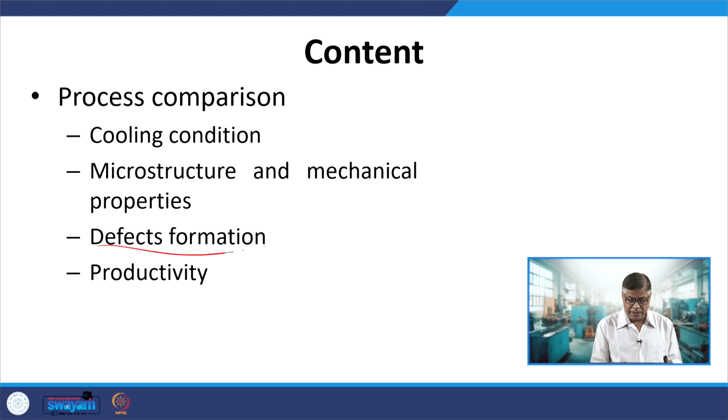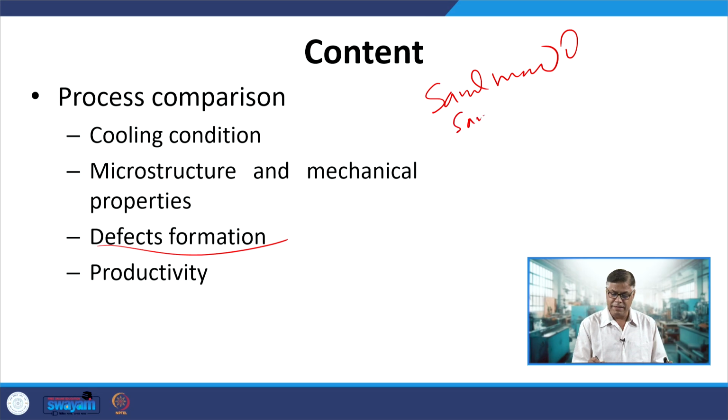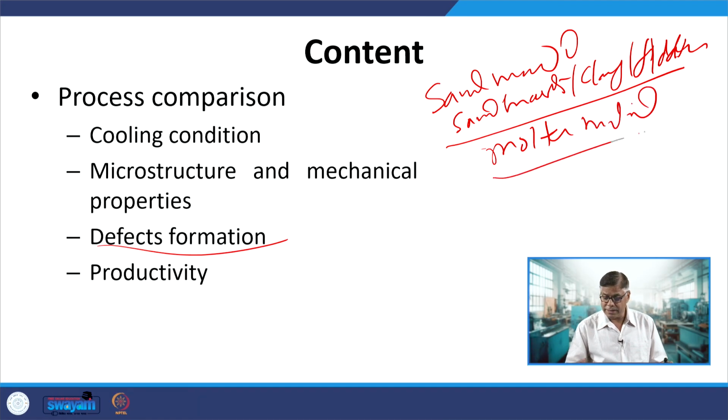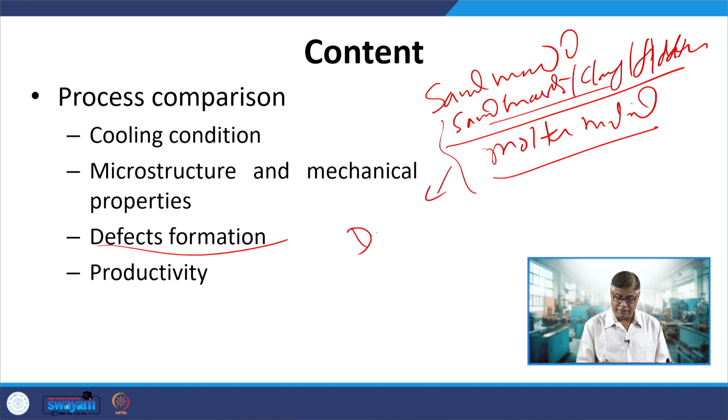Another tendency is defect formation. Since the sand mold is made of sand, moisture, clay, binder and additives, these constituents behave in completely different ways when they come in contact with the molten metal. If there is any improper interaction of the molten metal with the moisture, clay, additives and sand, it will promote defects.